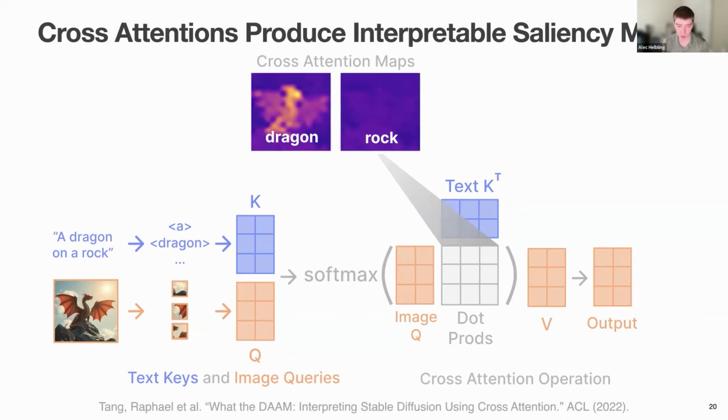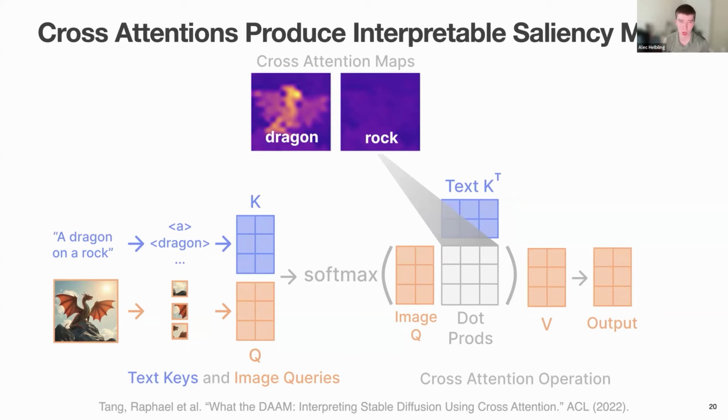And people discovered that if I just look at these associations, these dot products between the text features and the image features, I can start to generate interesting saliency maps that show where in the image the model thinks the concept is.